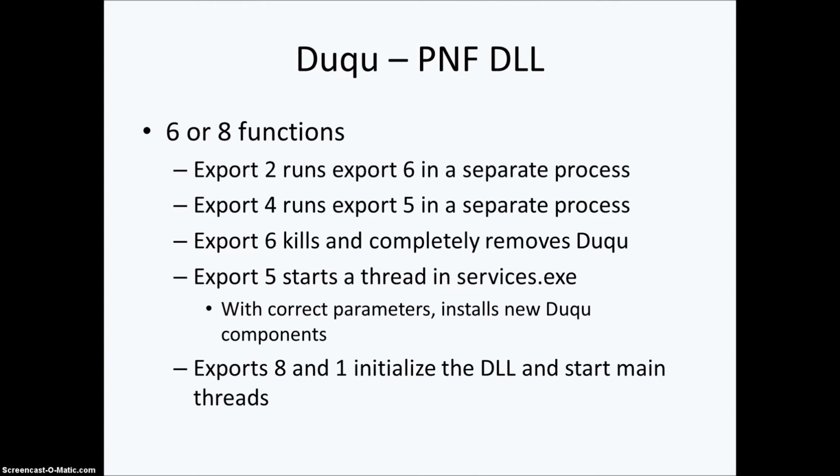It kind of varied. But anyway, if X number of days have passed, it'll call the aforementioned export 6 and just completely nuke Duqu off of the system. The PNF config file also may or may not contain some flags concerning something called the 302 resource.